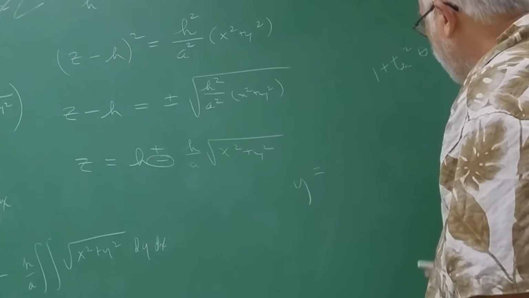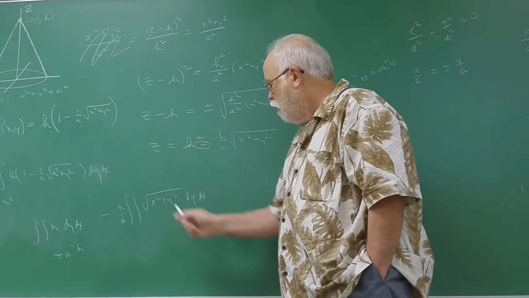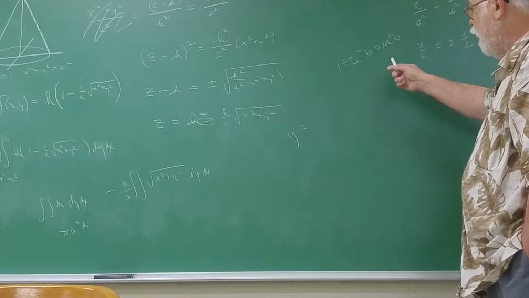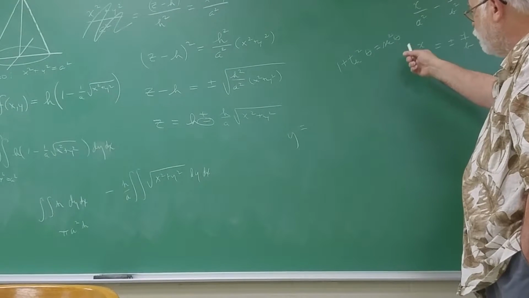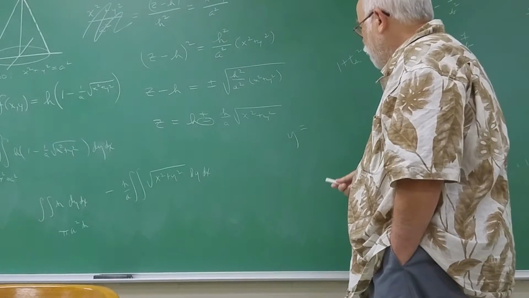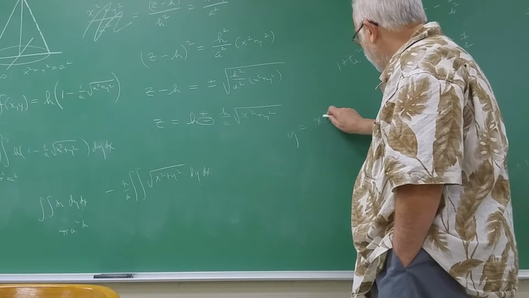That's what gets the job done. We want this thing to become a square root of a monomial so that we can just get rid of the square root. And this is the way it happens. So I'm going to get secant squared, square root of secant squared, or minus secant sometimes. But anyway, this would be a trig substitution: y equals a tangent theta.